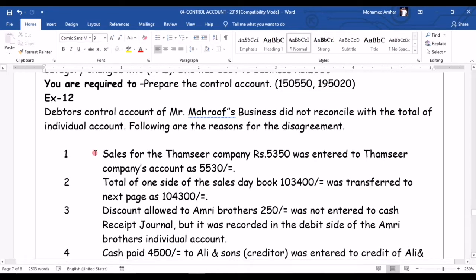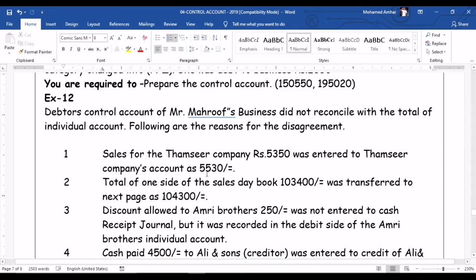First one, sales for the Tamsir company, 5,350, was entered to Tamsir company's account as 5,530. So how much more? 180 more.